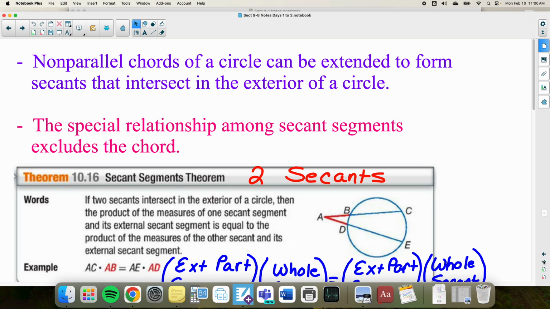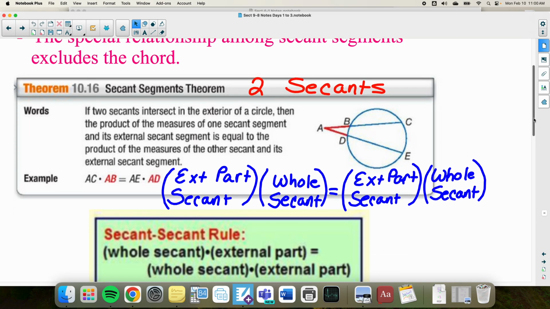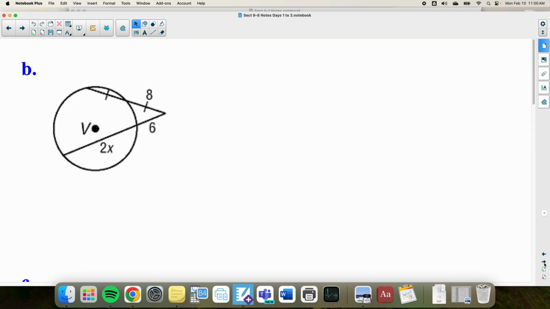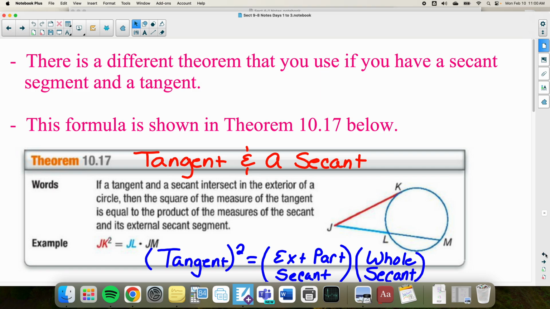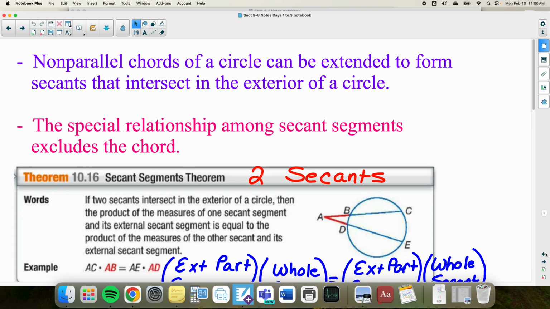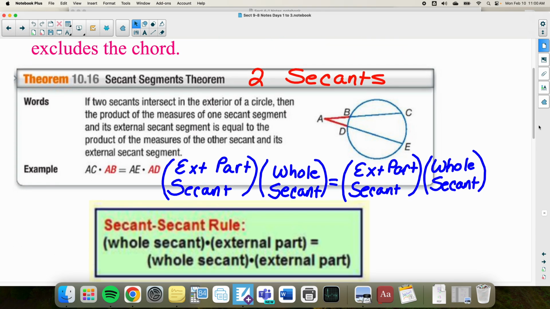So that's the first rule. Now the second rule is when you have 2 secants in a circle. If you remember what a secant is, it can be a line, it can be a segment, but it intersects the circle in 2 points.